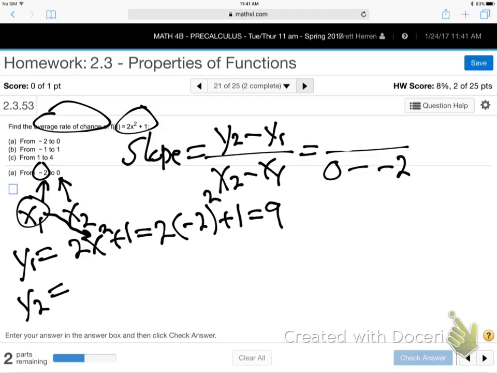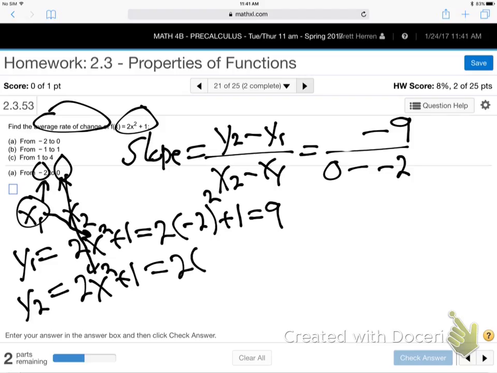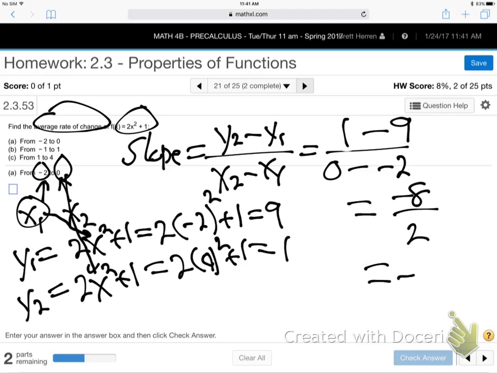And then y2, again, plug into 2x squared plus 1. Now I'm going to plug in 0, so that'll be easier. And so what's that, 1? So there we go. What's that, -8 over +2? -4. So that's the slope, or the average rate of change. That's how fast that function rises on average. Or it falls, -4. It goes down 4 per unit on average.